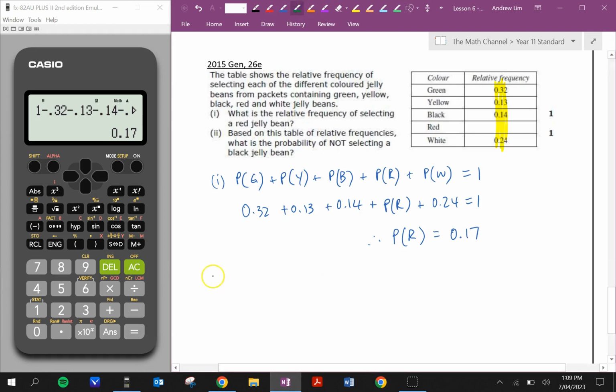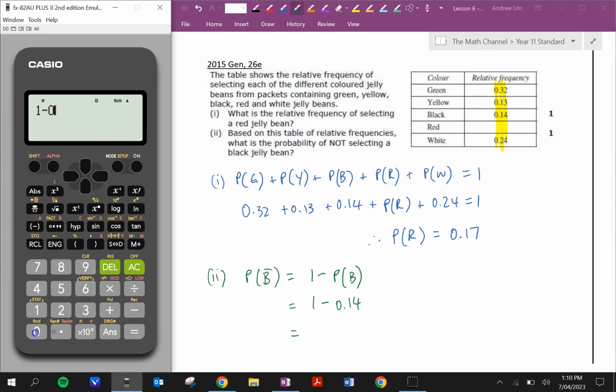So part 2. Based on a table of relative frequencies, what is the probability of not selecting a black jelly bean? So this is from our previous lesson where we looked at complementary events. We know that the probability of black is 0.14. So the probability of not black is equal to 1 minus the probability of black, or 1 minus 0.14, which is 0.86.